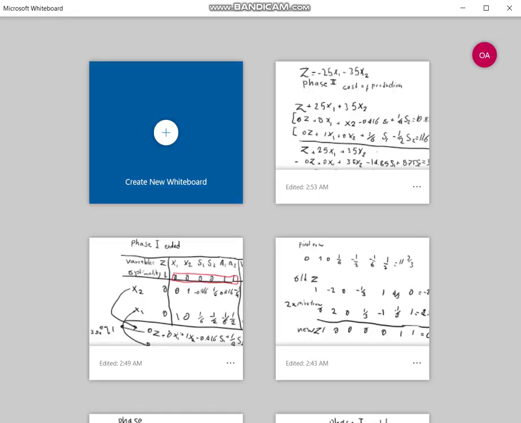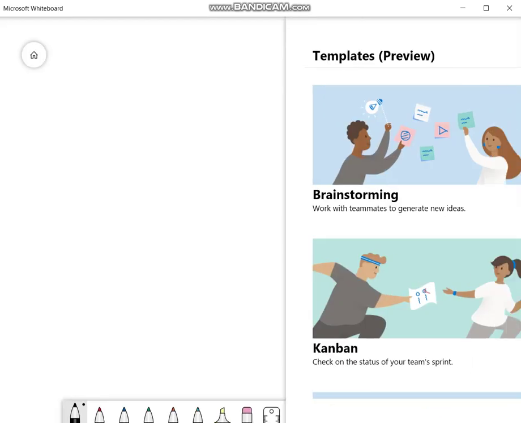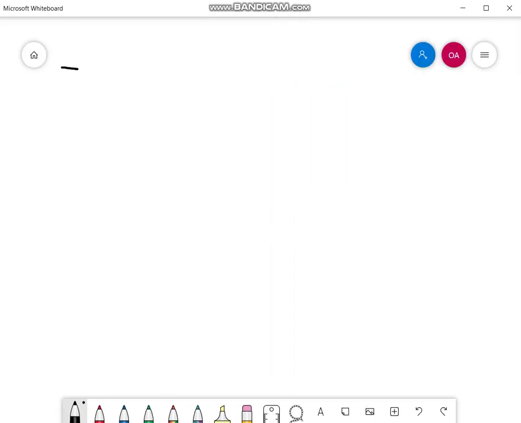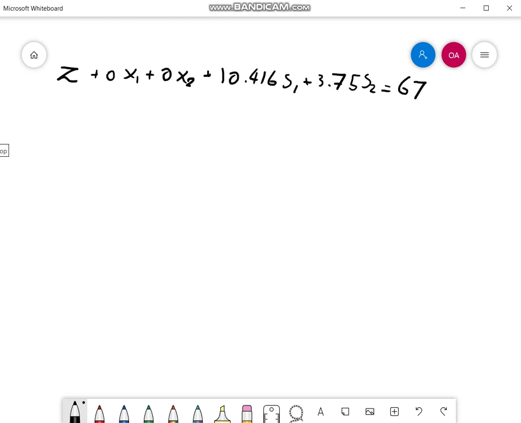So we have here the z equation: z plus 0x1 plus 0x2 plus 10.416 s1 plus 3.75 s2, which is equal to 670.